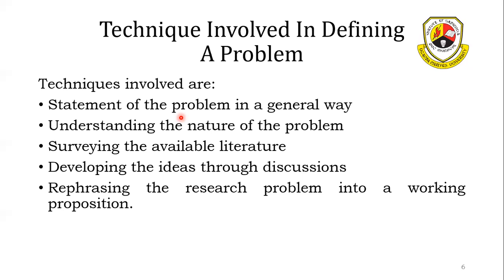So in the problem statement, you're giving just a general definition of your problem. In the background, you'd have given a clear description of the nature of the problem. So you must have an understanding of the nature of the problem. What do I mean?